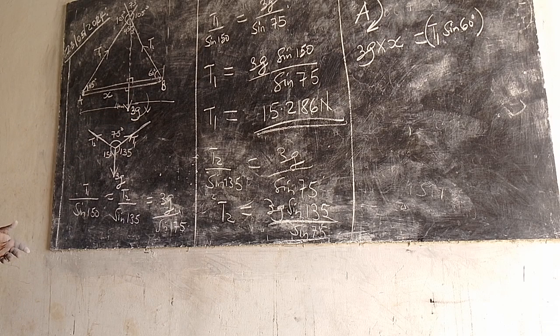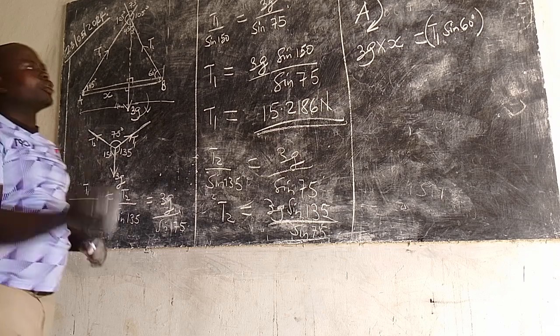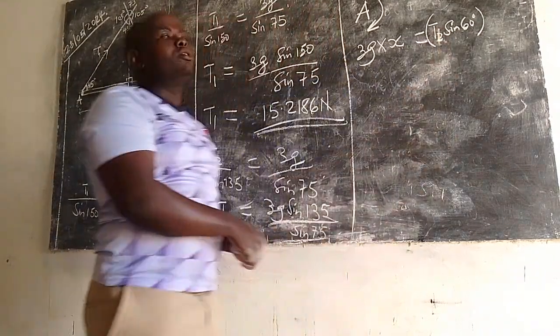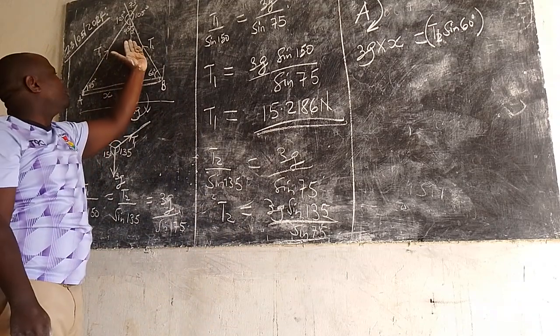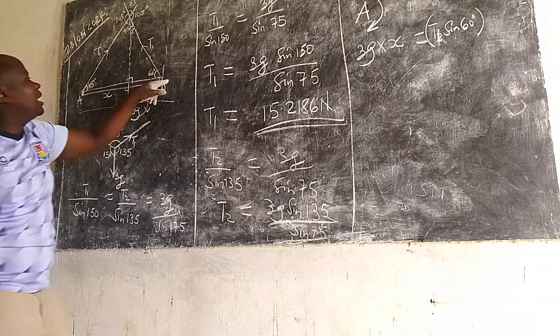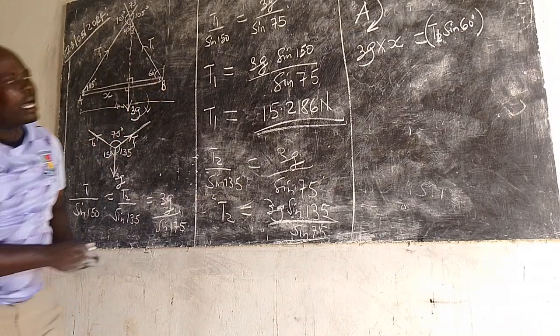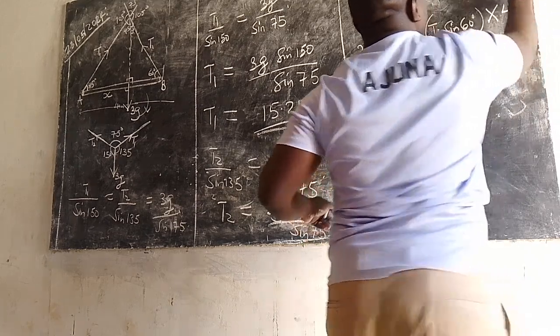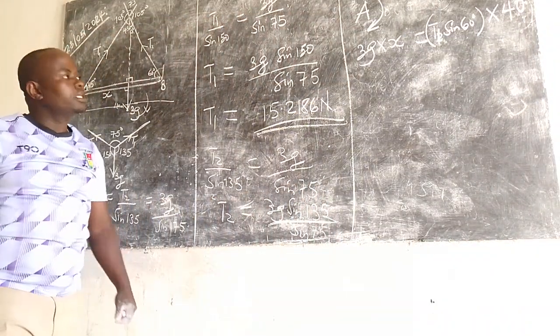How have I done it? I have resolved. Oh yes, it is T2, not T1. So it becomes T2 sine 60. Now it is perpendicular to this distance. So I simply multiply it by our distance, 40 meters. It was 40 meters.